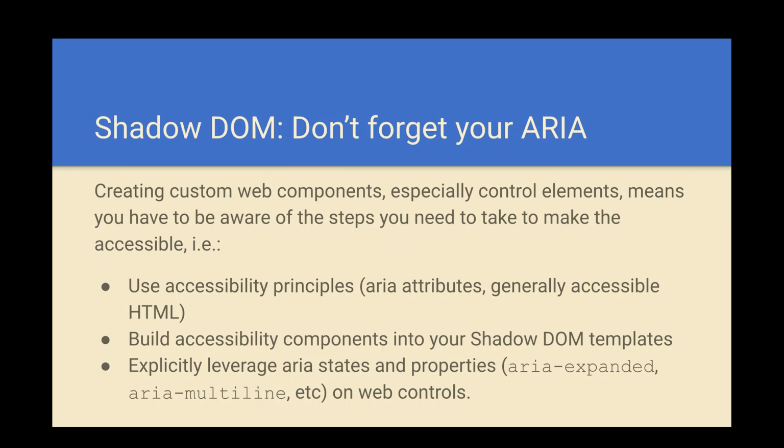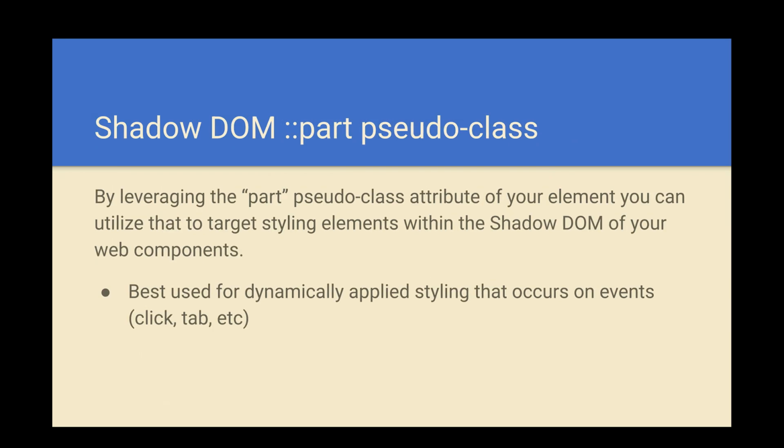So like for fact pages, building an accordion that opens and closes. If you do that and you're just opening it and closing it, because it is inside the shadow DOM, those screen readers may not pick up on the fact that you've changed the state on the web component. So use your ARIA labels on there. Don't just change the class that opens it or closes it. Also use your ARIA labels.